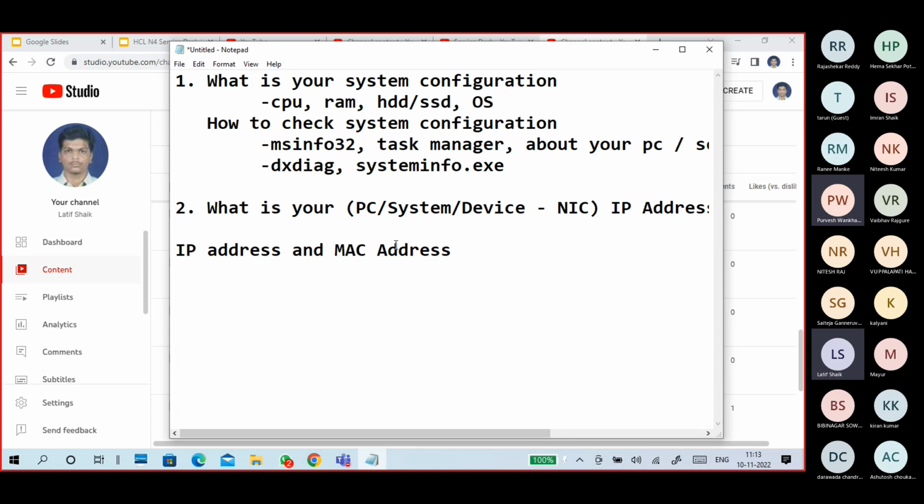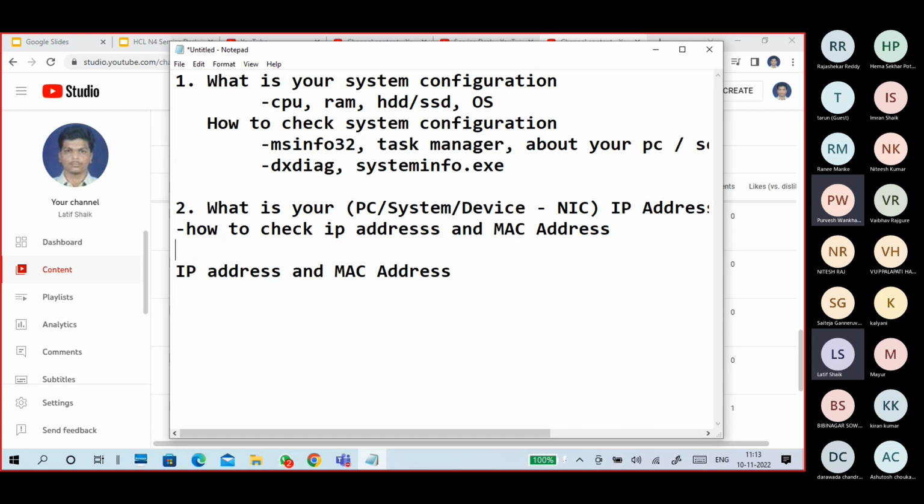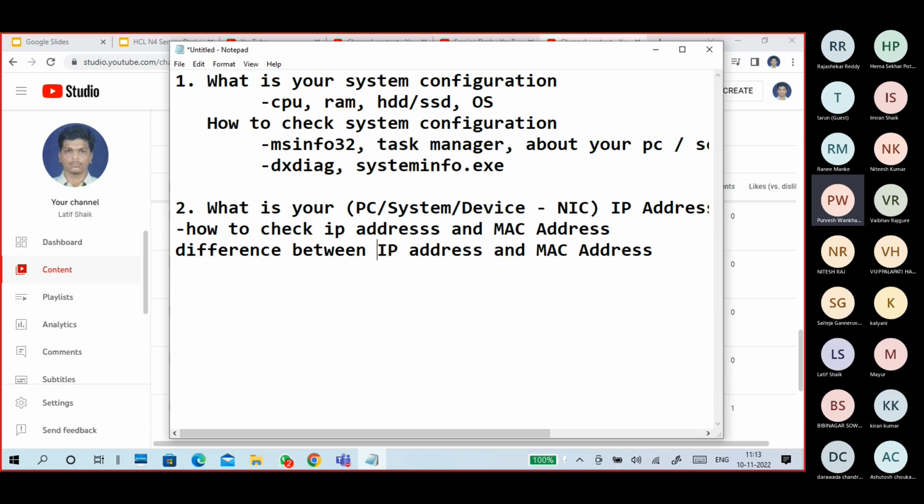How to check an IP address, and of course how to check a MAC address also. What is the difference between IP address and MAC address?